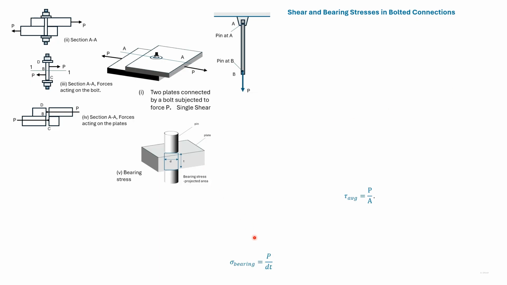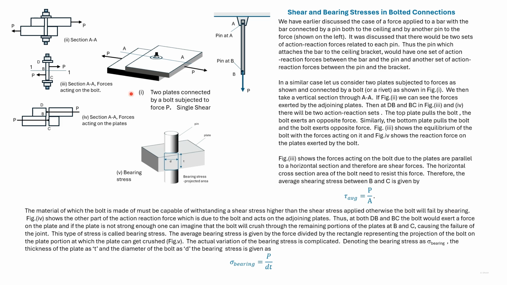So the bearing stress is given as P divided by D into t. We note that the action forces cause shearing stress and the reaction forces here cause bearing stress.